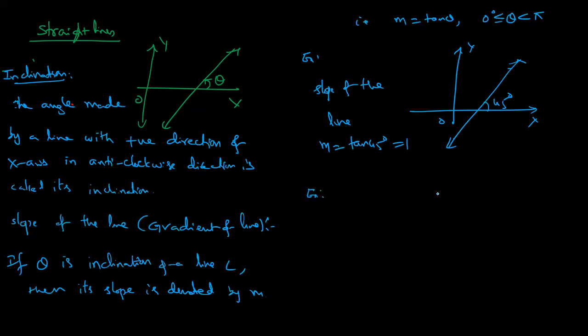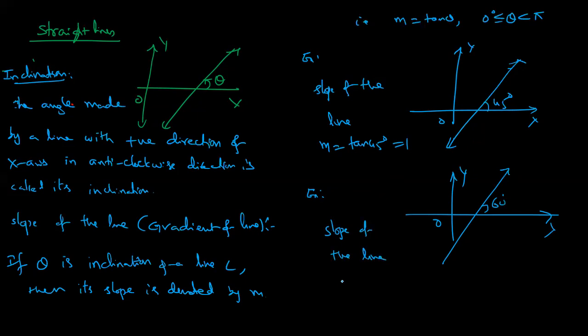Example 2: 60 degrees. What is the meaning? Dear students, if there is any doubt, send a message in the chat box. The slope of the line: m is equal to tan 60 degrees. That is how much? Root 3.